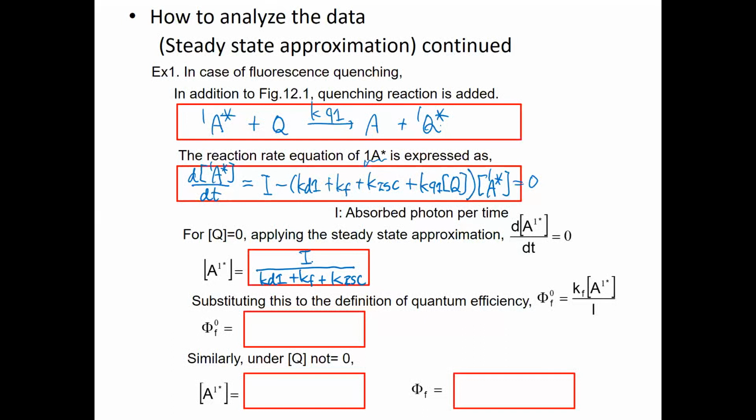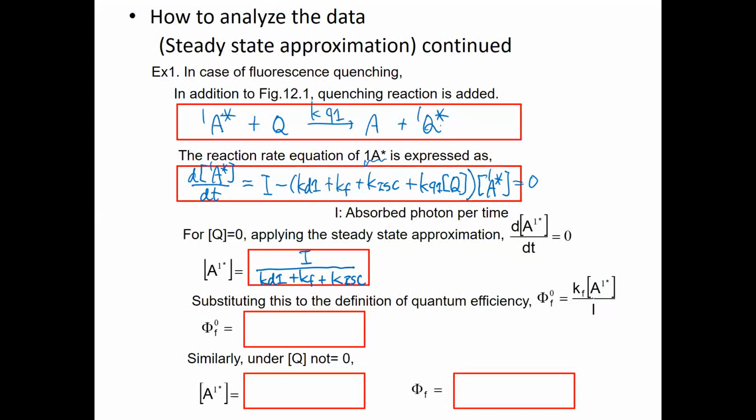And then the quantum efficiency is something like this. So I is the absorbed light photon, right? And then the fluorescence rate is the fluorescence rate constant times the singlet excited state concentration, right?